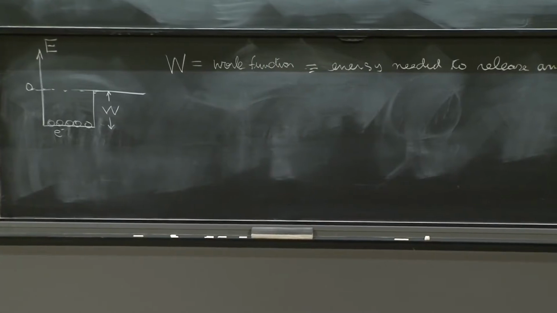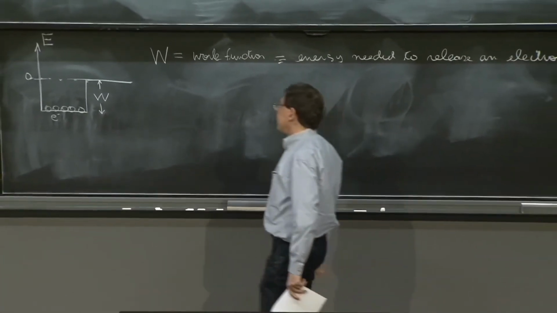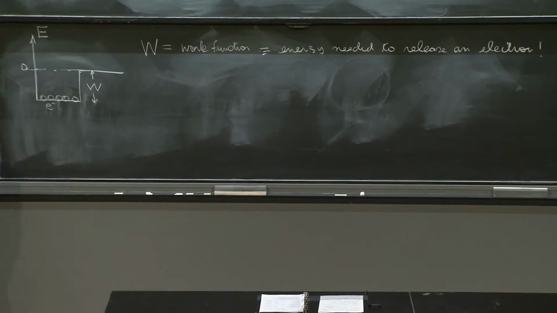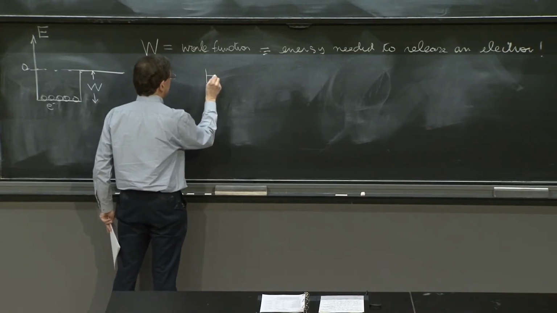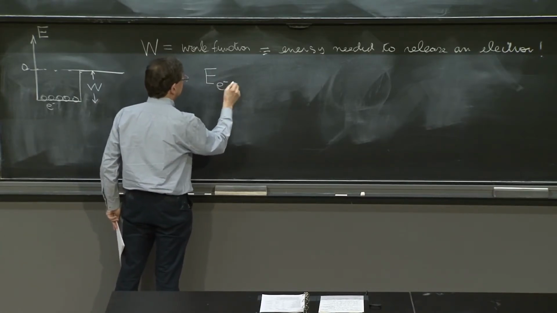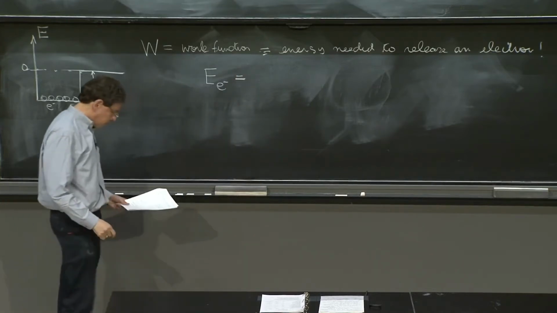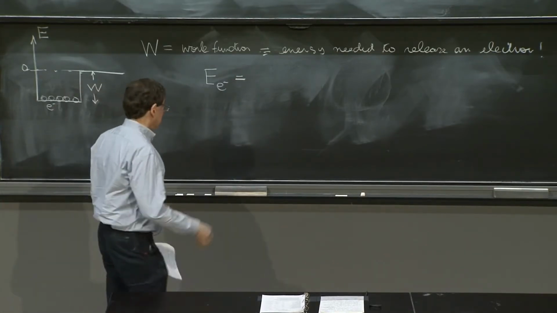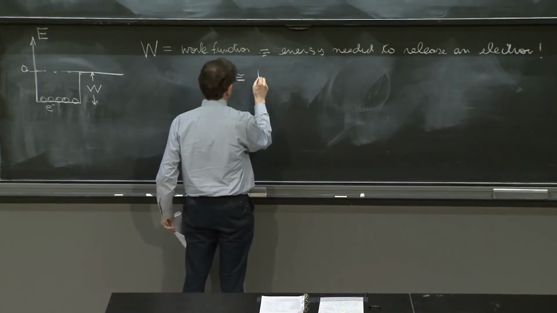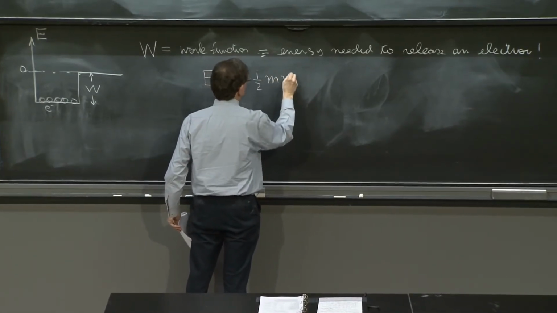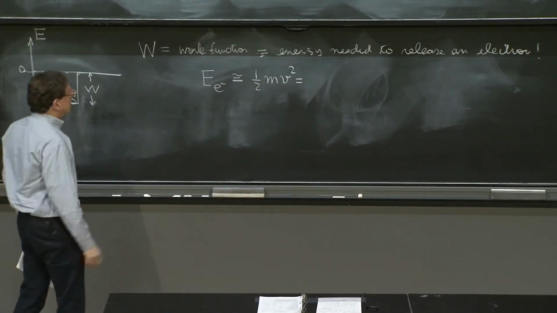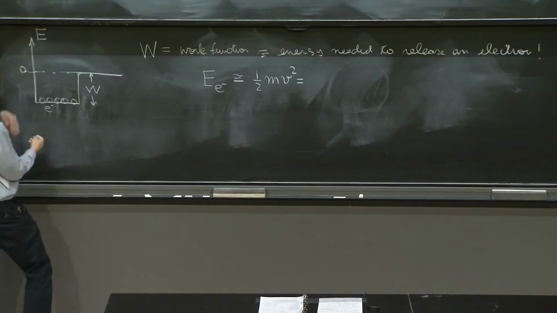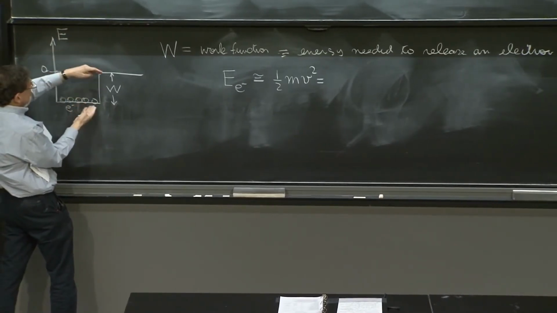So if this is true, then Einstein, if he was right with this property, there would be the following statement that you could make. The energy of the electron, which is, roughly speaking, 1/2 mv squared, would be equal to the energy that the photon has minus the work function.